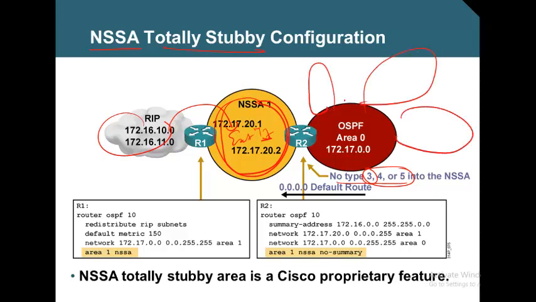For all that, you will have a default route dynamically injected. So your routing table will have only the local and external type 7. You will not have inter-area, you will not have type 5 external. Right? Did you get the difference between all these four stubs?